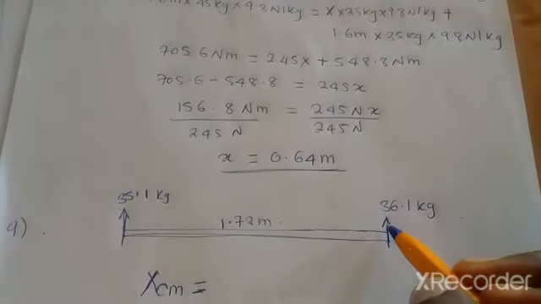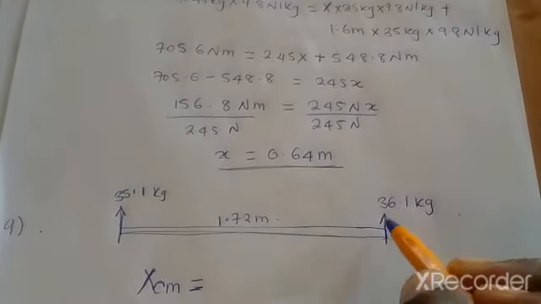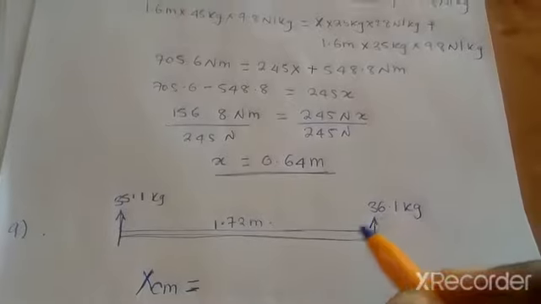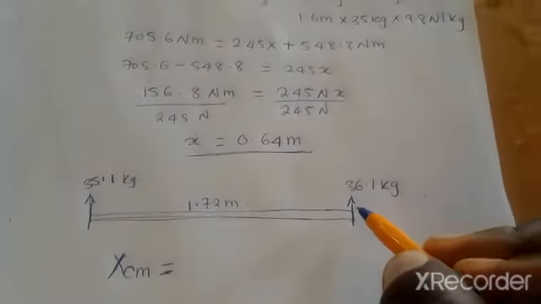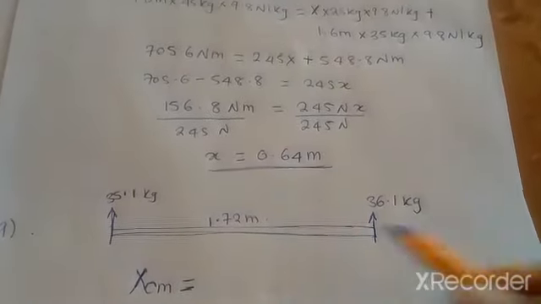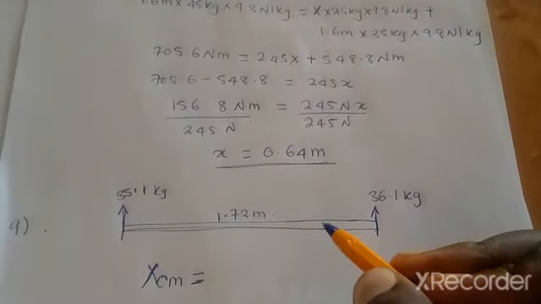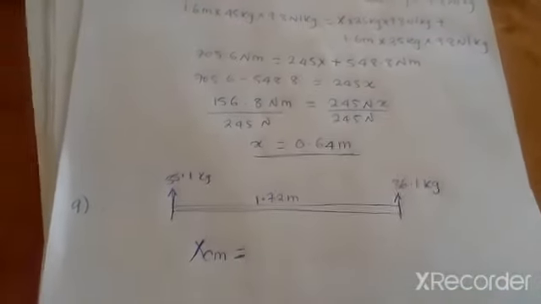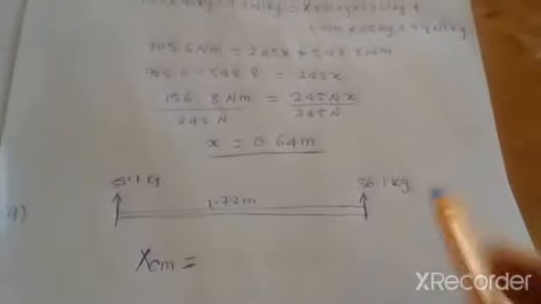So initially we are supposed to take each particle and the distance that each particle is from the pivot, or from the point of reference. But we cannot manage to do that because we are only concerned with the two parts where we know the masses.